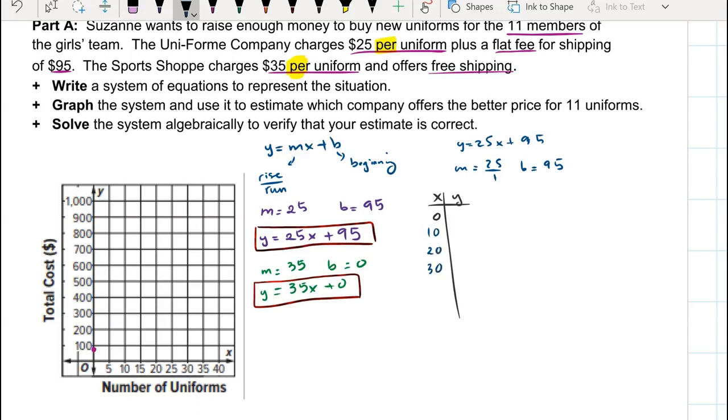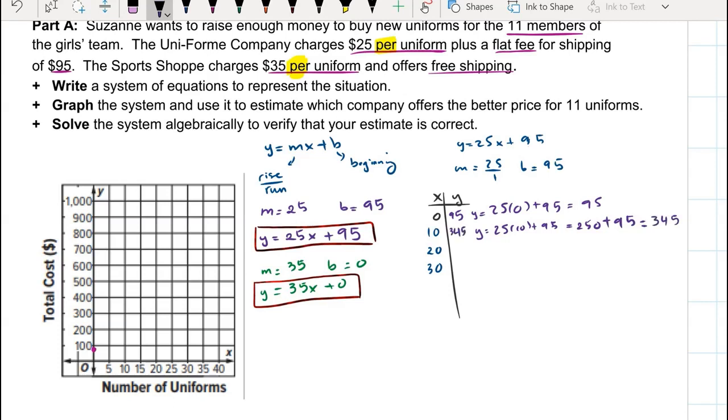Let's see, those are the 4 points that I'm going to pick. Okay, y equals 25 times 0 for the first case, plus 95. That will be 95, so 0, 95. That's my first point. I already put it in. Y equals 25 times 10 plus 95. 25 times 10 is 250 plus 95, that will be 345.